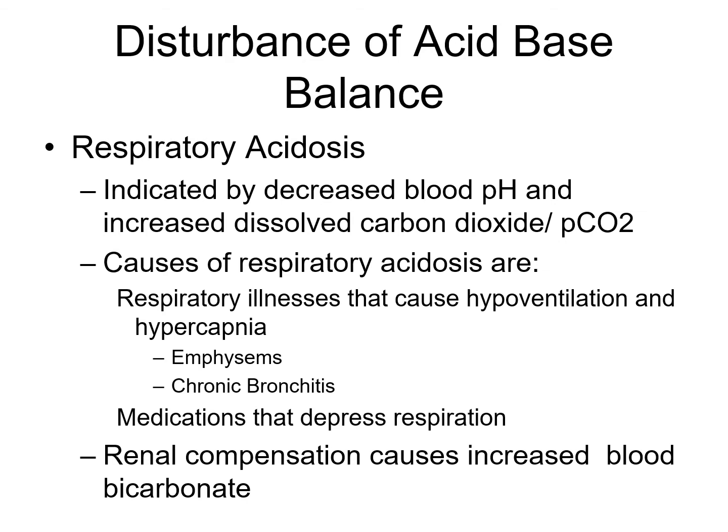In both cases, the alveoli may be damaged, and that will lead to impaired exchange of gases in the lungs. This will be characterized by hypoventilation and hypercapnia. Some medications, for example, when you are to undergo surgery, they will give you anesthesia that can depress respiration. That can also be one of the causes of this condition.